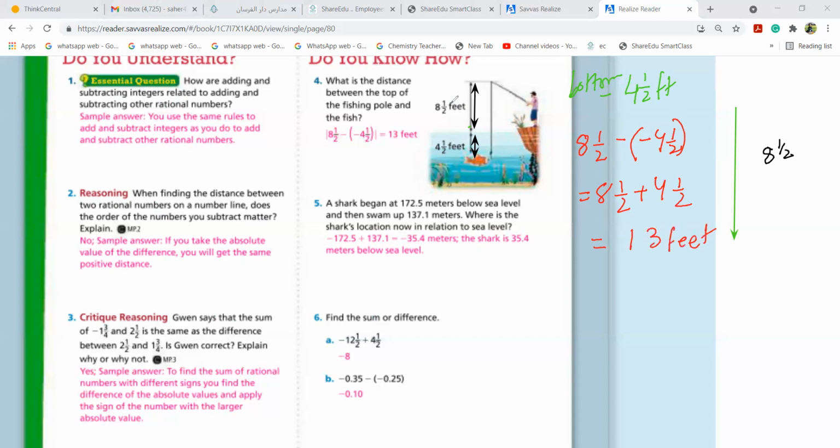Even looking at it directly, 8 plus 4 is 12, and half plus half is one more. I told you in the first class that half means 0.5. So 8.5 plus 4.5 is 13 feet, right? So simple, girls. Even if you don't know this expression, leave it. Don't worry, girls.